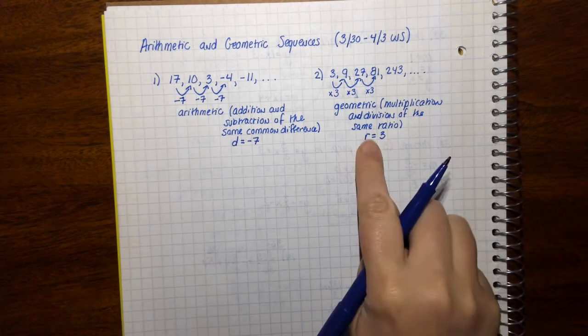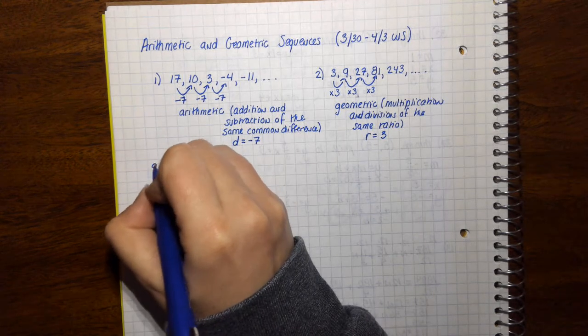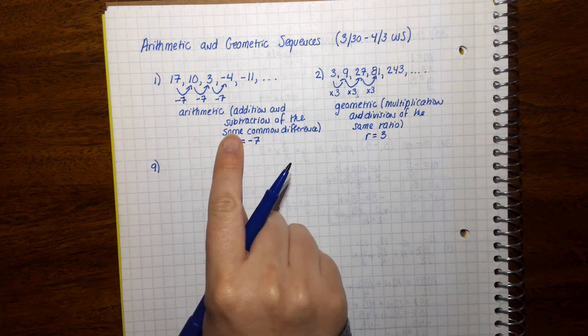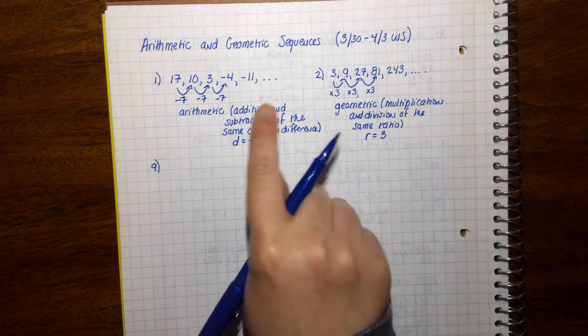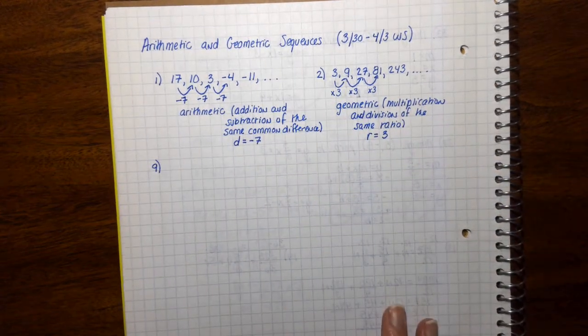Another word for ratio would be multiplier. Okay, so let's move down to number 9. So in problems 1 through 8, all you need to do is identify them as arithmetic or geometric. You don't need to find this information, but I'm hoping it will help as we go on.